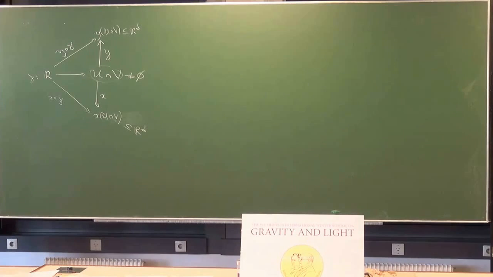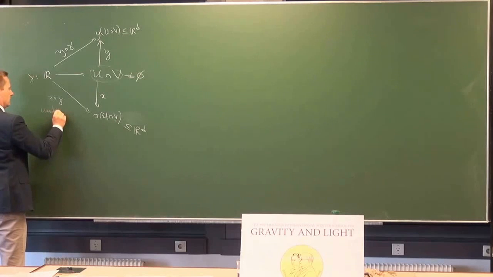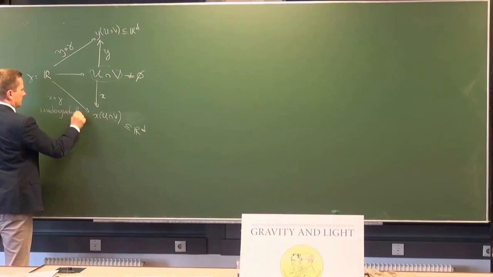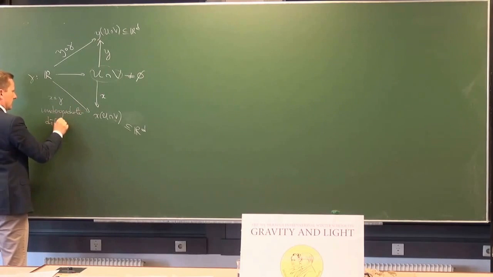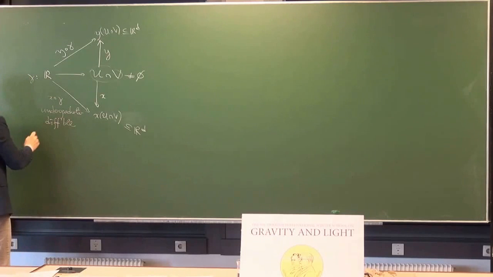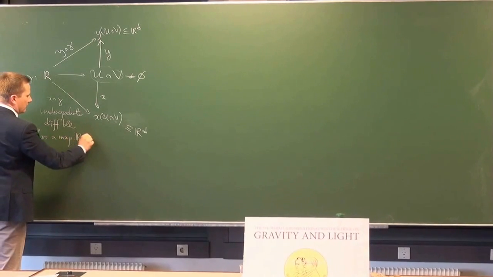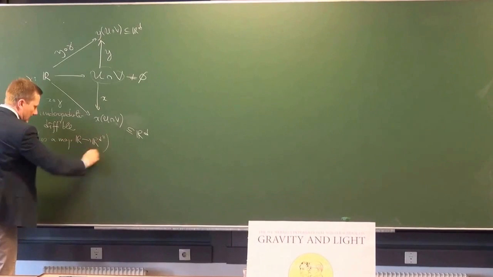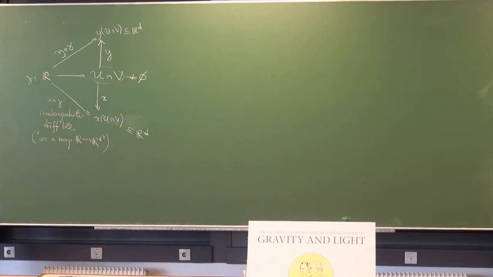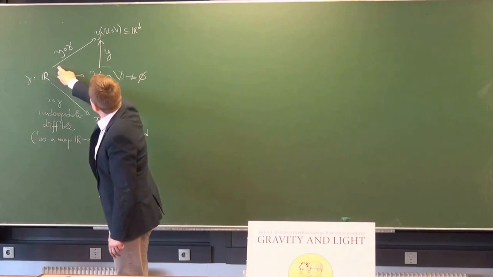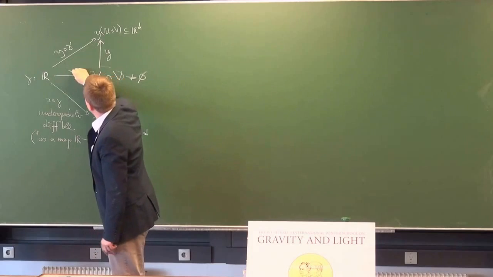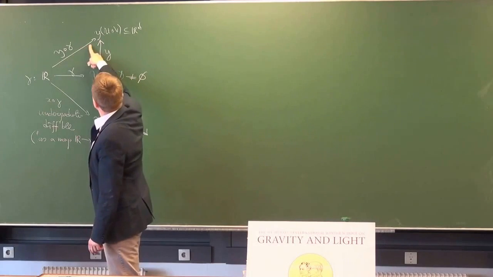And now the question is, if I say this is undergraduate differentiable, and of course that's just my term for it as a map from R to R^D, this is what I mean by undergraduate differentiable. If this is undergraduate differentiable, question, will this representative of the same curve in the real world be undergraduate differentiable in the other chart?